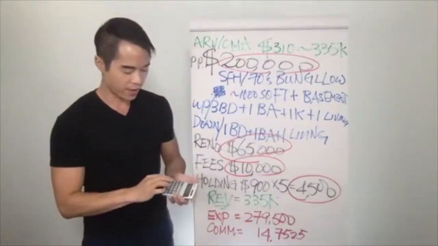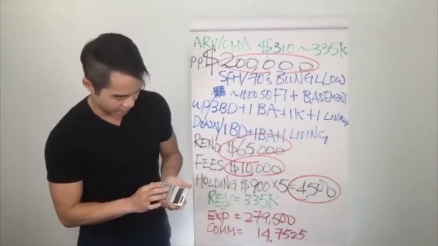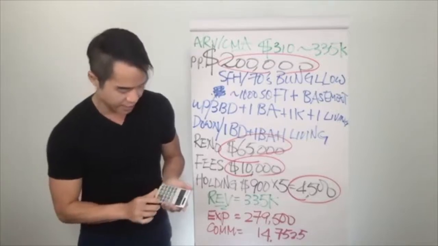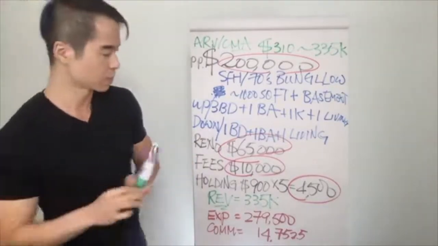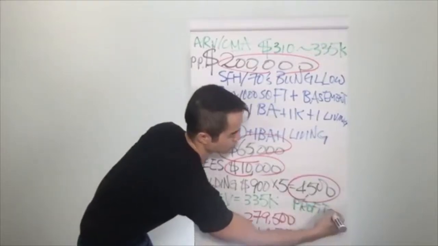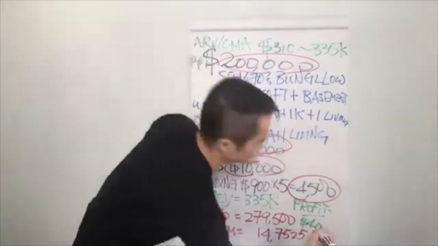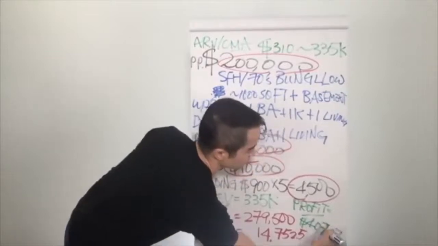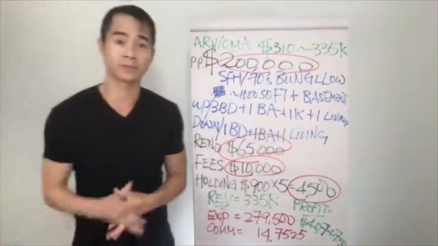Now, 335,000, okay, let's get it to the finish line, minus 279,500, and then minus 14,752.5. That means there is a leftover or total profit of $40,747.5.